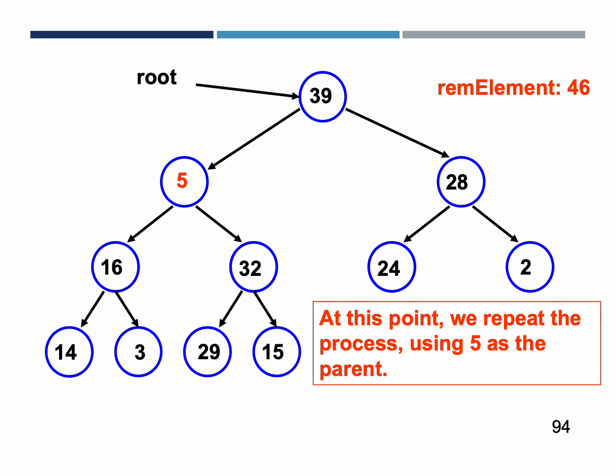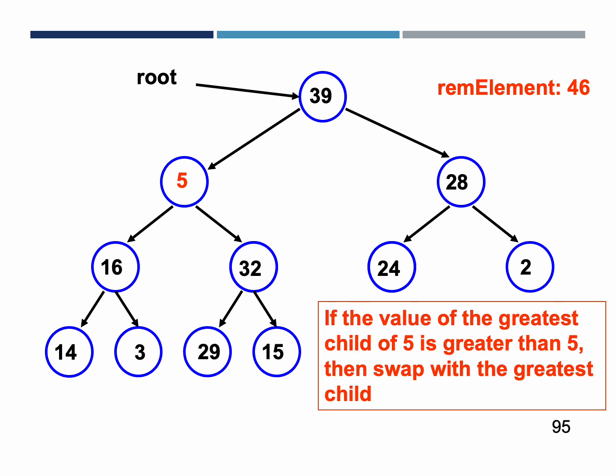Now when 5 is the parent and 16 and 32 are the children, if the value of the greatest child of 5 is greater than 5, then swap with the greatest child. Between 16 and 32, the greatest child is 32 here.